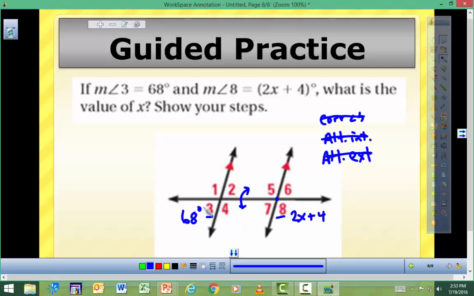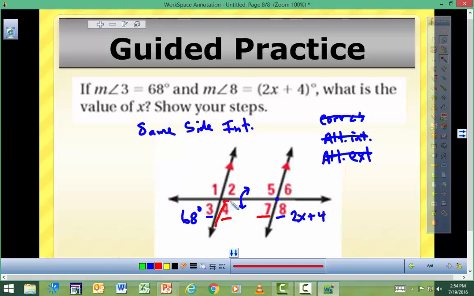Are they on the same side? Well, they are on the same side, but they're not consecutive. They're not, I like to call them same side interior. Same side interior. Remember that? That's what I would prefer to say. So the same side interior ones would actually be angles 4 and 7.